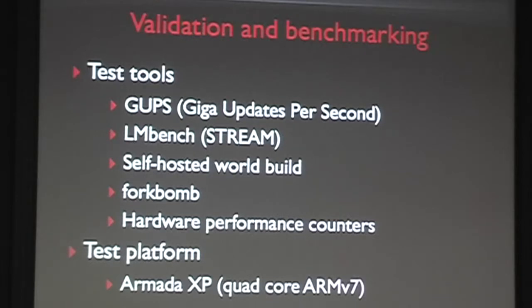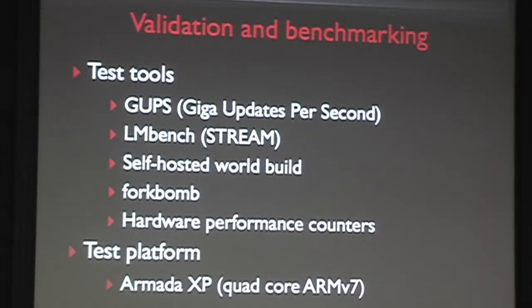So we used several benchmarks to test our implementation. The best or most noticeable results were gained using the giga updates per second benchmark that performs random memory accesses. And we also used the LM-Bench suite that incorporates the stream benchmark for memory bandwidth benchmarking.